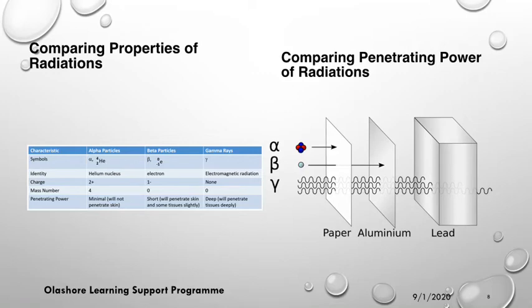So comparing our penetrating power of radiations, we can see the alpha particle being stopped by a paper, it couldn't go through. The beta particle went through a paper but was stopped by an aluminium. And the gamma rays went through paper, went through aluminium, and a large percentage of them were stopped by the lead. Only the most energetic of them were able to pass through the lead. That is how ionizing radiations can be stopped.